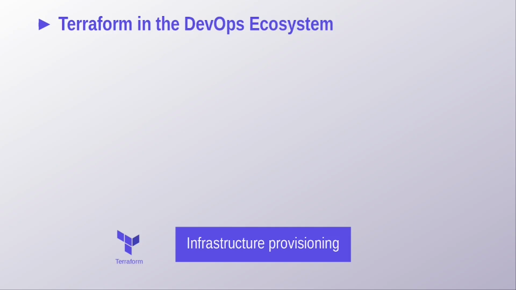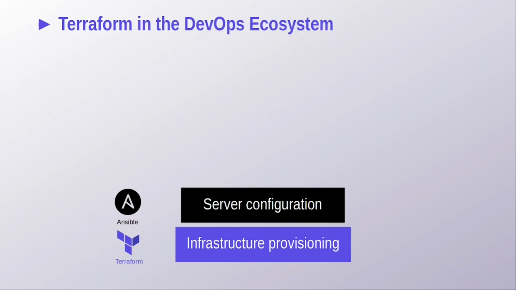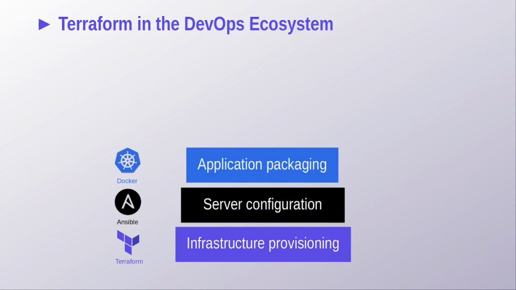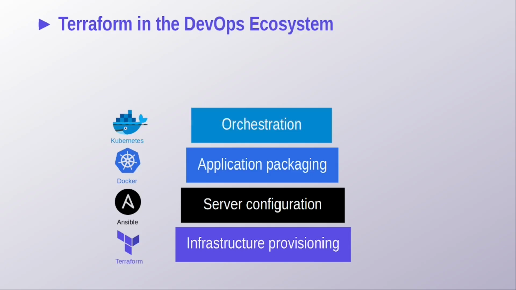Terraform creates the foundation for all the tools and all the roles. Let's look at the other tools. Ansible configures servers. Docker packages applications. Kubernetes runs containers. CI/CD is automation and delivery.